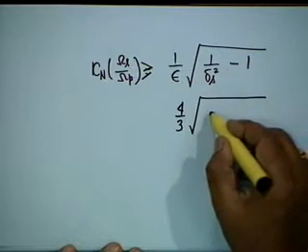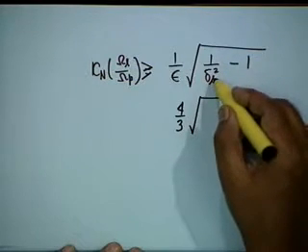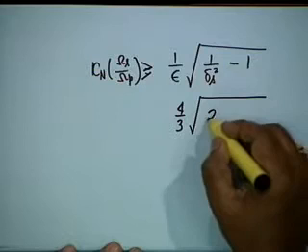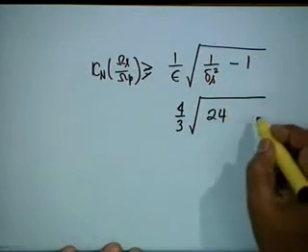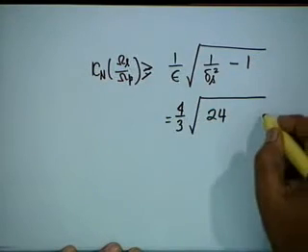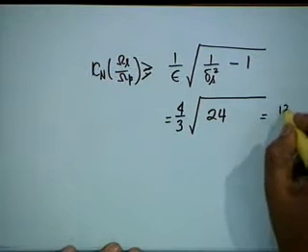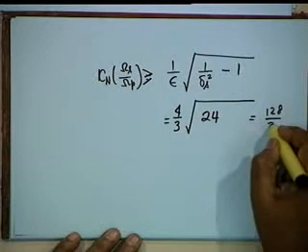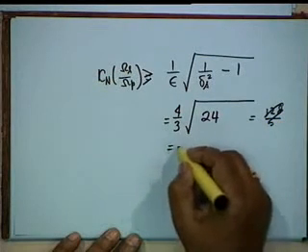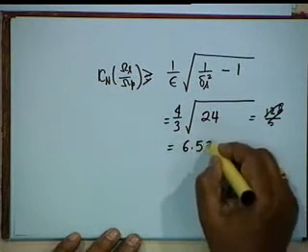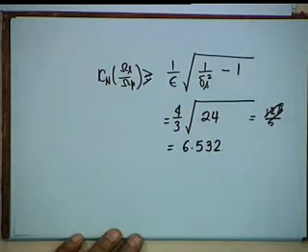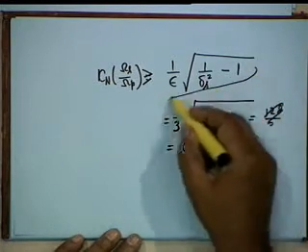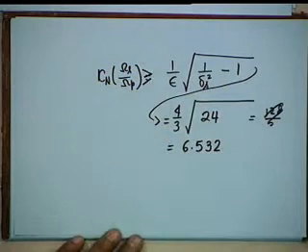So, it would be square root of 1 by 0.2 is 5, 25 minus 1, 24, and that is equal to 6.532, my calculation. The right hand side is equal to this, all right.